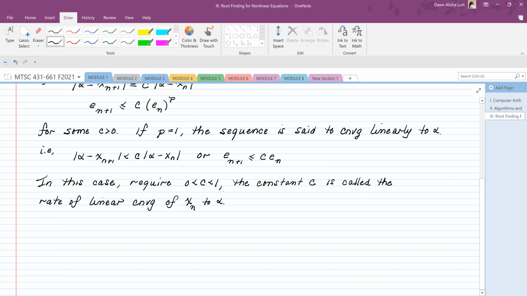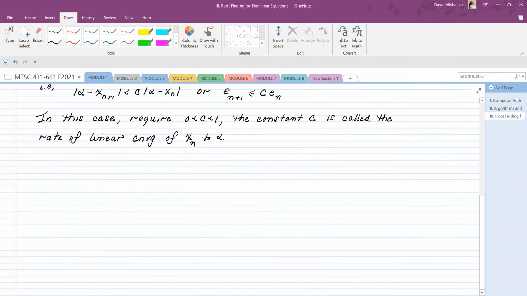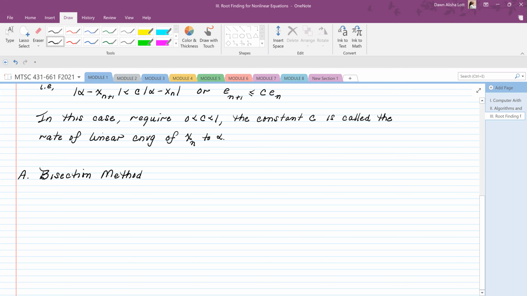Okay, so let's do our first method. These are going to seem familiar to you. So the first one is the bisection method. It's actually a rather slow converging method.